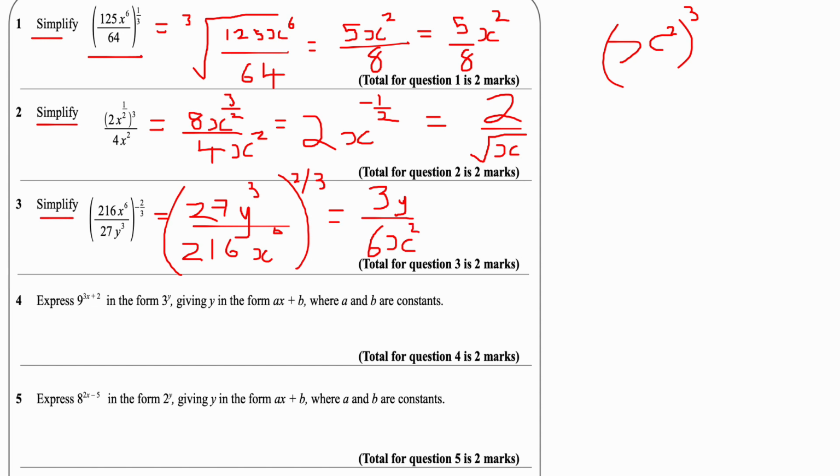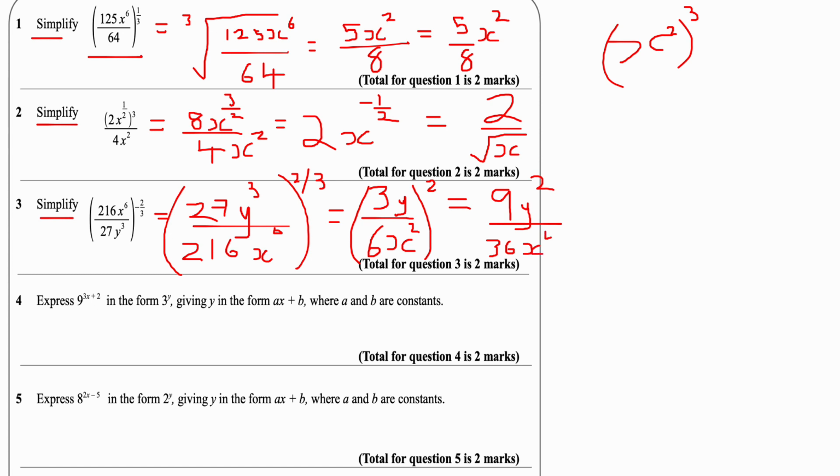And then I'm going to raise all this to the power of the numerator, which is power of 2. So I have 3y all squared, which is 9y squared. Remember that I square the number and the letter. And then 6 squared is going to be 36. And then I'm going to have x to the power of 4.